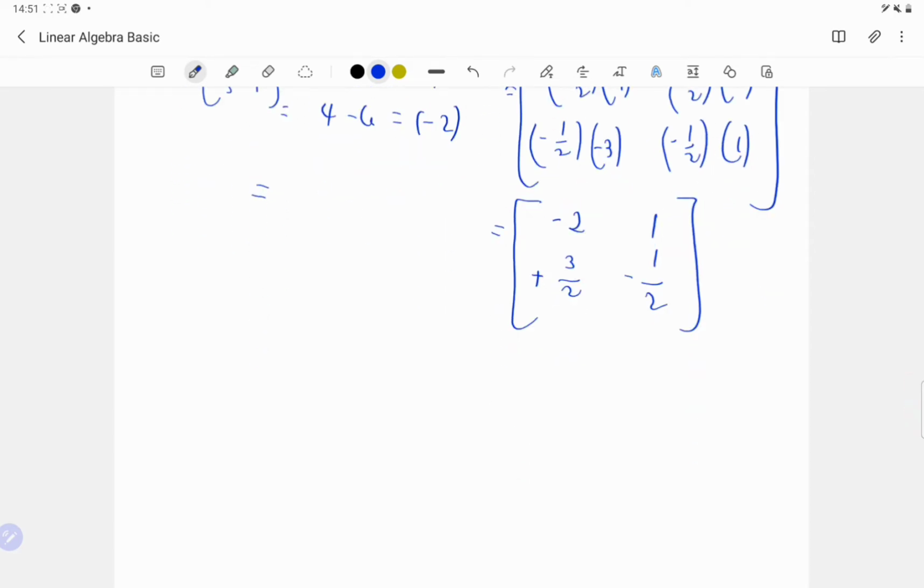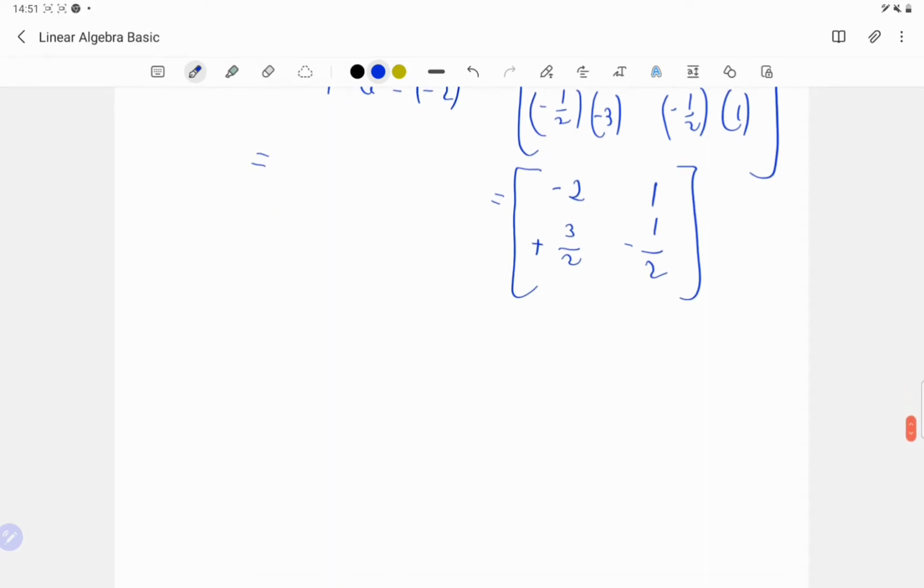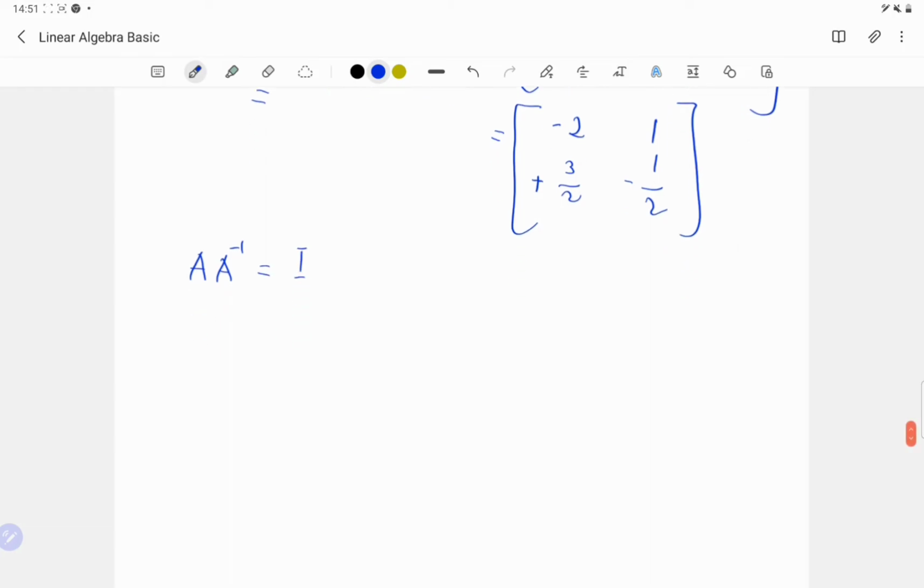When a matrix is multiplied by its inverse, A times inverse, it is always equal to the identity matrix. Same goes with, for example, a normal number like 4. What is the inverse of 4? It's 1/4. Okay, 4 times 1/4 is equal to 1.